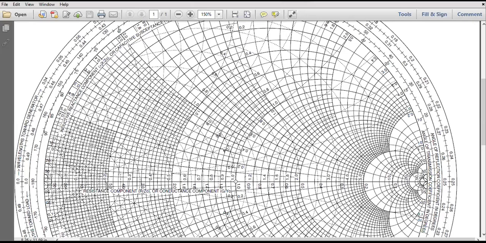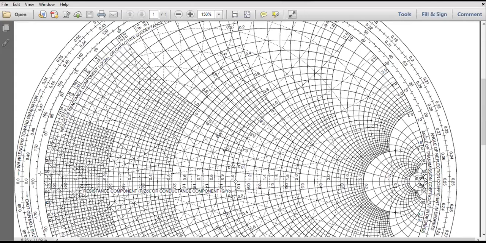Whatever the dotted circles are shown here, all these dotted circles are for the Y chart, and the thick circles, the clear lines, are for the Z chart.